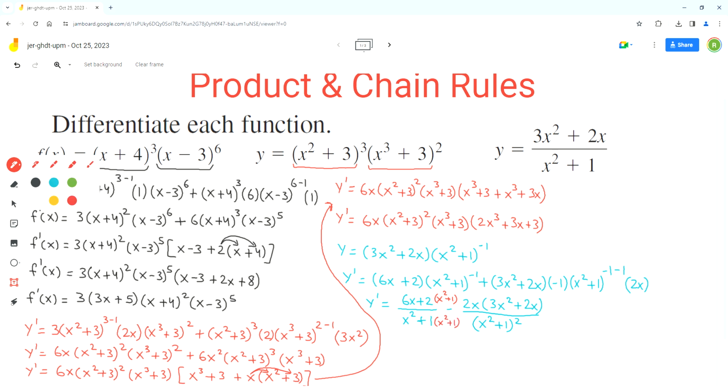So the next step is, y prime equals, so in the numerator we'll get 6x plus 2 times x squared plus 1, and then in the next part it will just be negative 2x, and then 3x squared plus 2x, over x squared plus 1 squared. So because we have a common denominator now, we can combine the fractions.